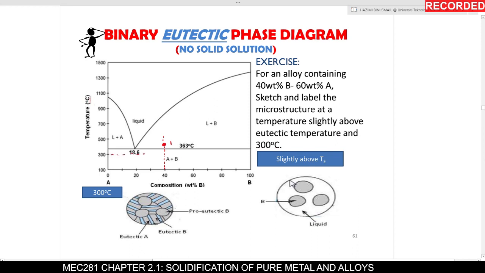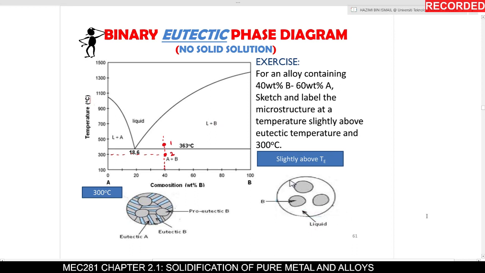So the point 2 is here. Okay, so to draw the microstructure, we have to know the phase present at that point. So at point 1 is on the liquid plus B solid region. So this is what we draw for the phase in the L plus B region.